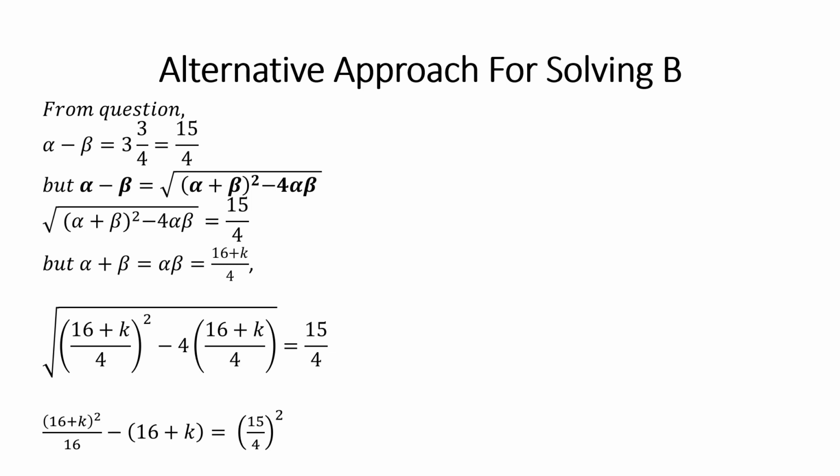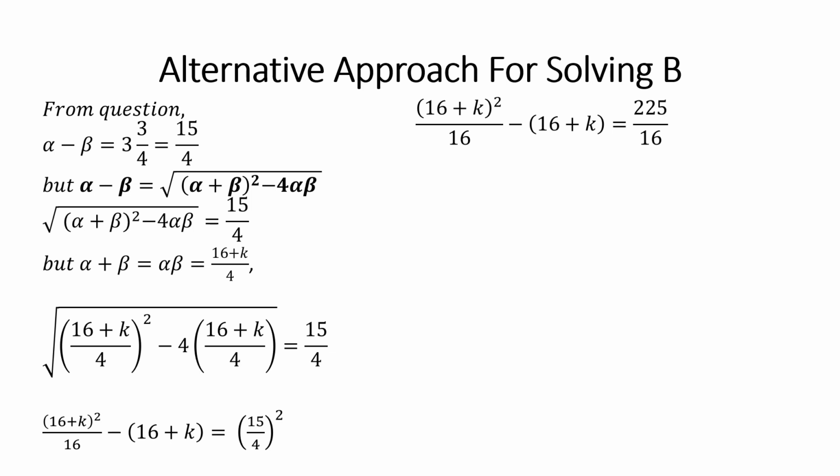Now the square root sign has run away, and now by square. So this is what we get. Let's compute and see what we get. We get (16 plus k) all squared over 16 minus (16 plus k) is equal to 225 over 16.